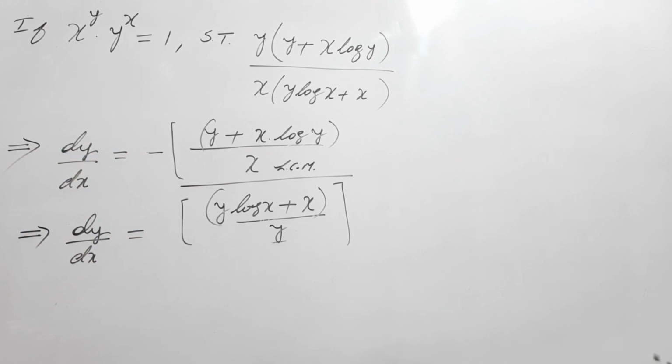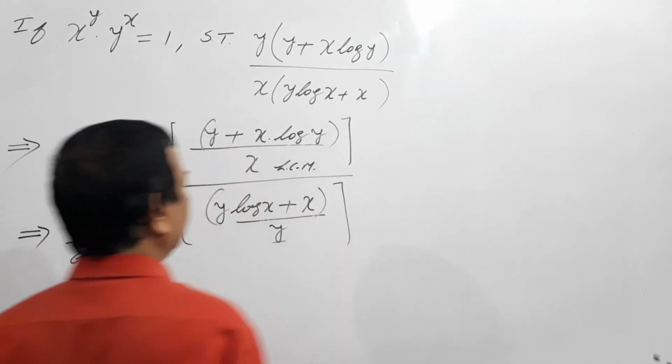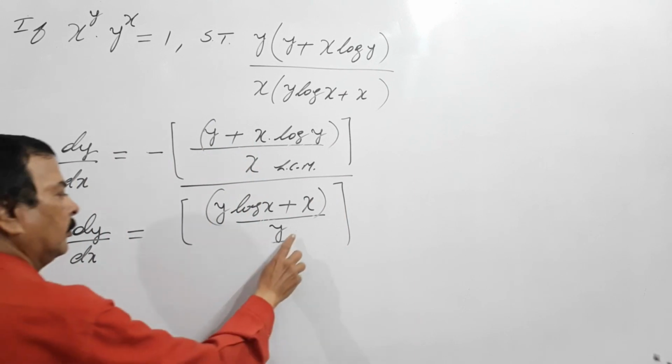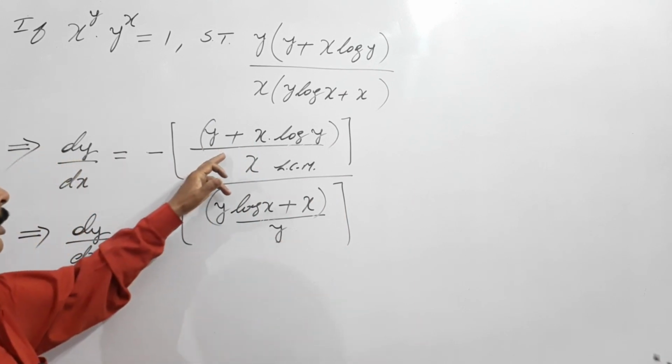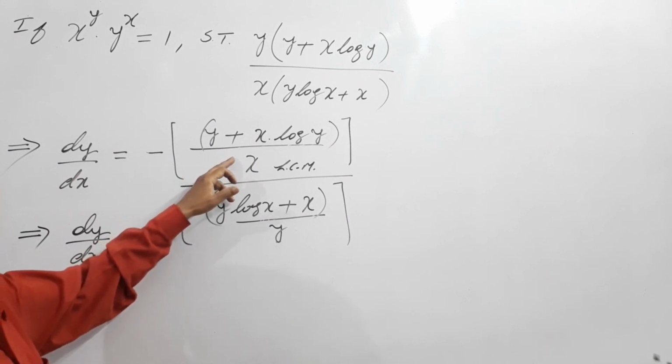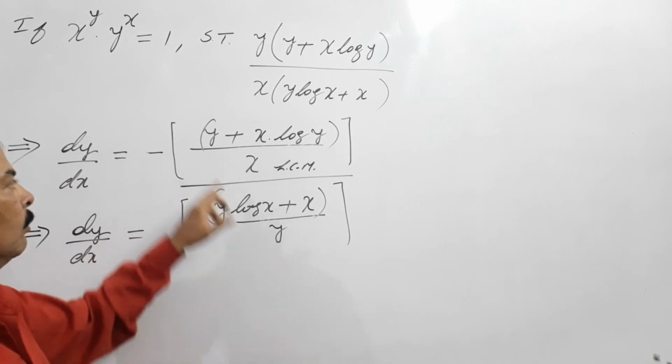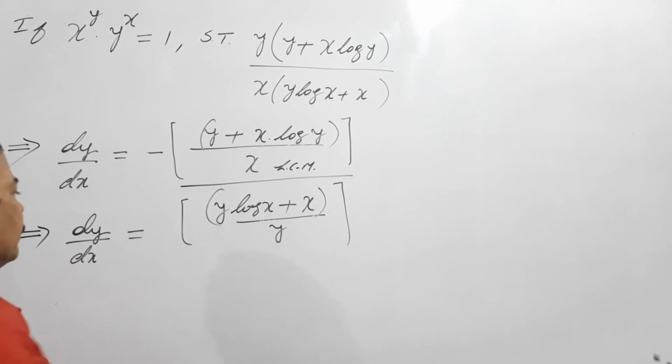Right? So what happens here? The denominator and numerator will come down and this will go to the numerator.